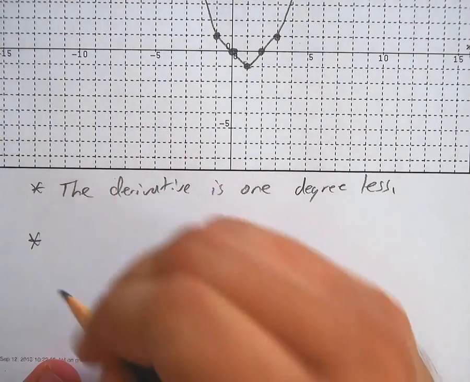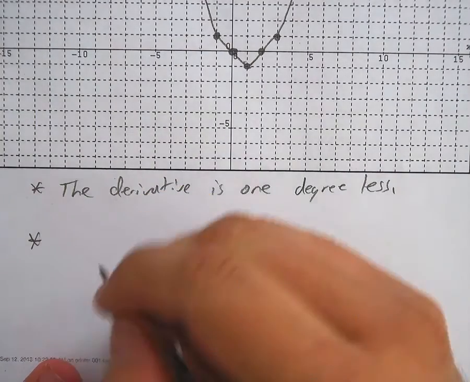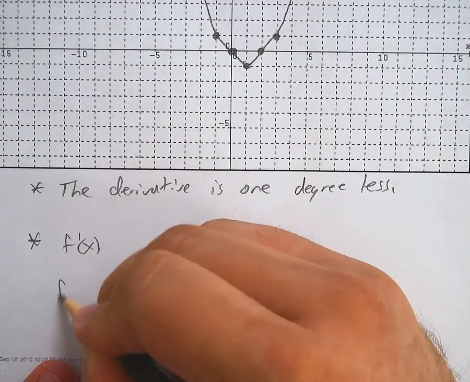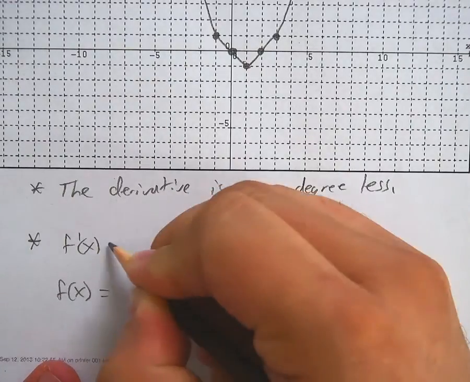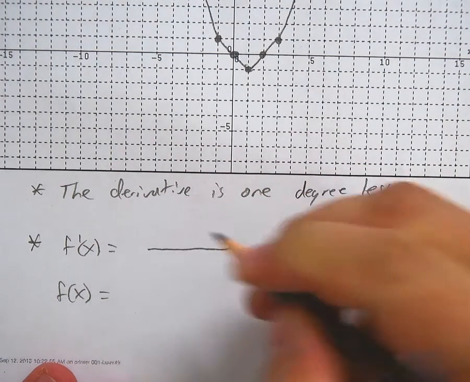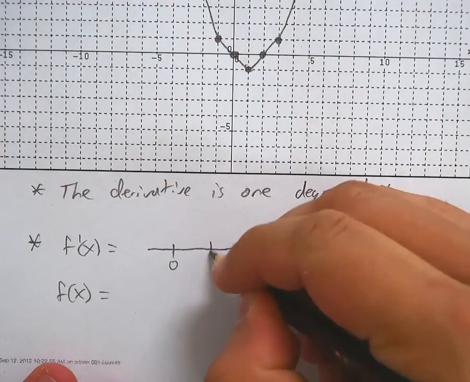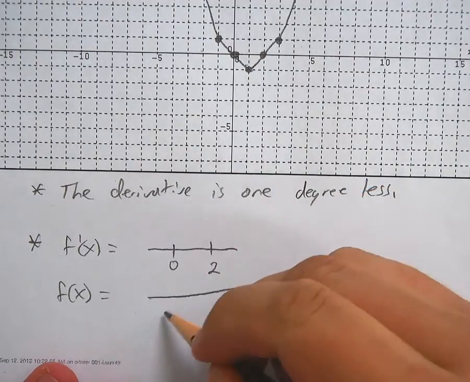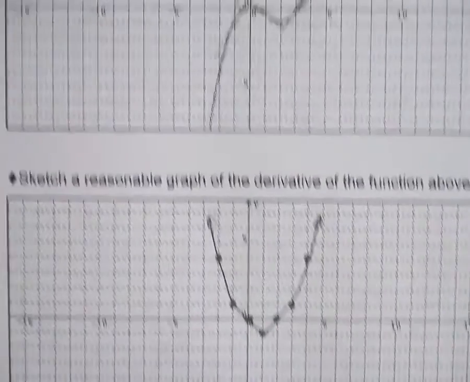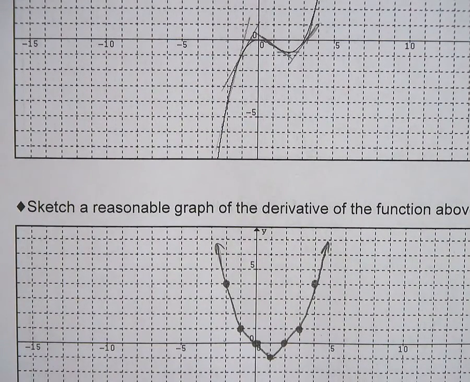And the last thing here, if you have f prime of x and you compare that to f of x, think about the critical values here, the zeros. You've got 0, you've got 2. What's the comparison between these things at 0 and at 2?